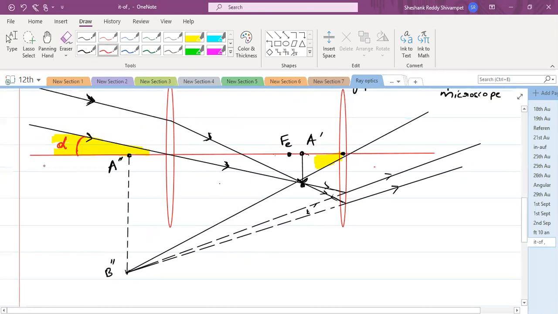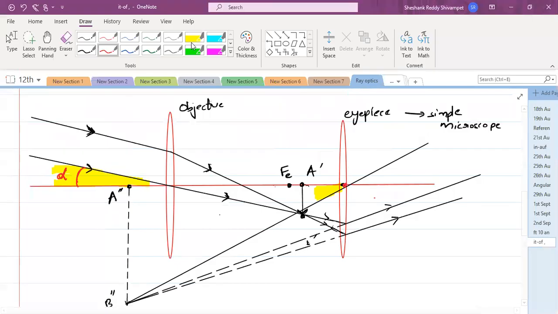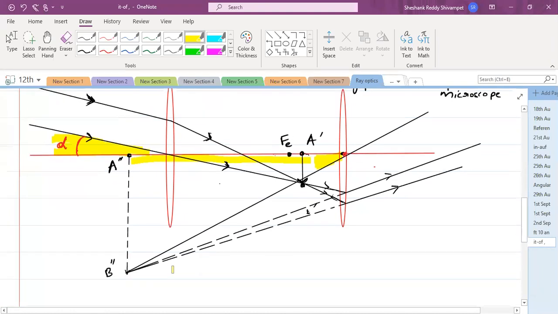So यहाँ पे देखो, is this the angle subtended by the final image at the eye? हमारे लिए where will the eye be? Eye will be placed at the optical center of the eyepiece, right? So automatically the final image का जो height, the angle subtended at the eye will be this angle. देखो ये दो yellow lines के बीच में जो angle होगा, that's the angle subtended, right? So here, is the angle subtended by the final image at the eye equal to the angle subtended by A dash B dash also?